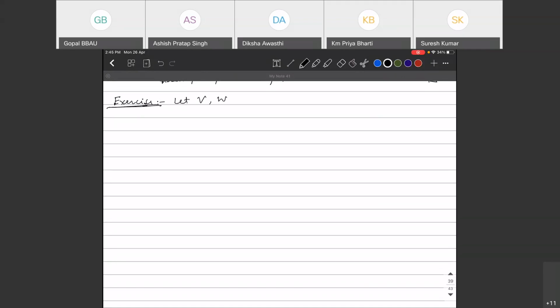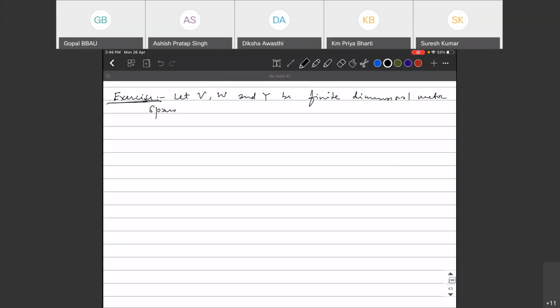Let V, W and Y be finite dimensional vector spaces over the same field K. If we talk about a linear transformation, then the vector spaces are over the same field, therefore I am not writing that because we know that it is there.